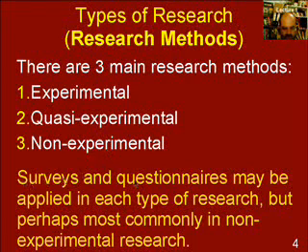So surveys and questionnaires, which at this stage I'm not distinguishing between, I'll use those terms interchangeably, may be applied in each of these types of research, but they're probably most commonly part of non-experimental studies, or put another way, non-experimental studies tend to rely heavily on surveys.